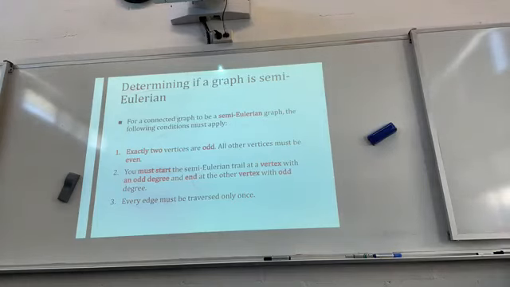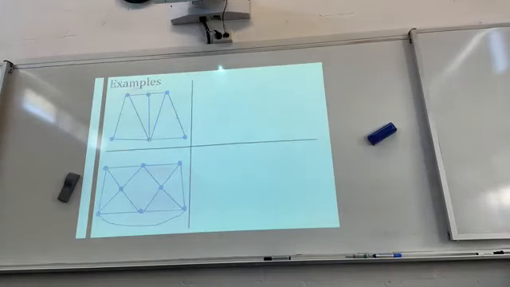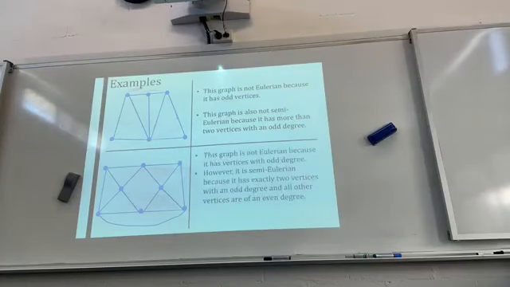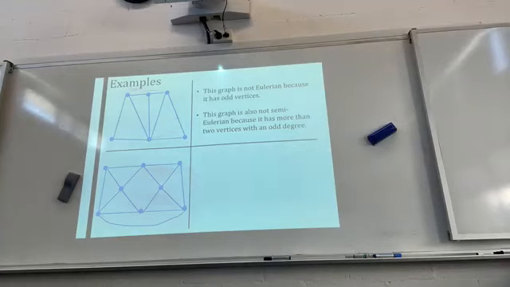Yeah? All right. Now, example. Here, if you look at the top graph there, are there more than 1 odd vertices? Yeah. So it will not be semi-Eulerian or Eulerian. All right, it's not Eulerian at all. Now, what about the following one? Can you find any odd vertices at all? Yeah. 2 of them.